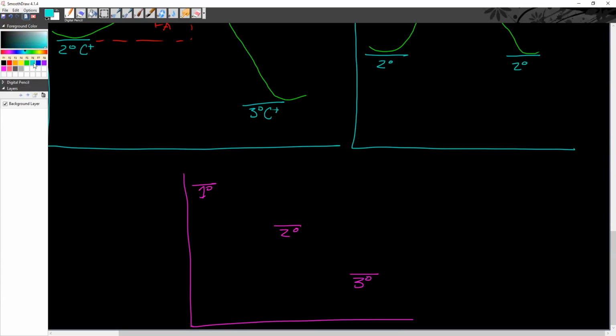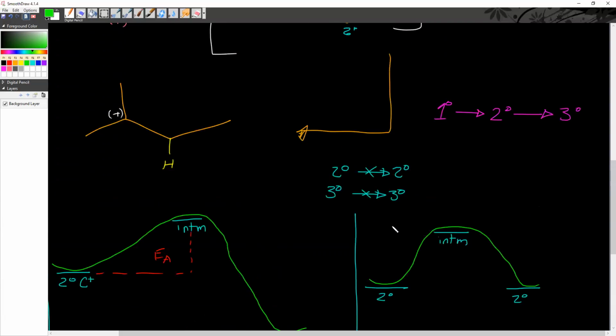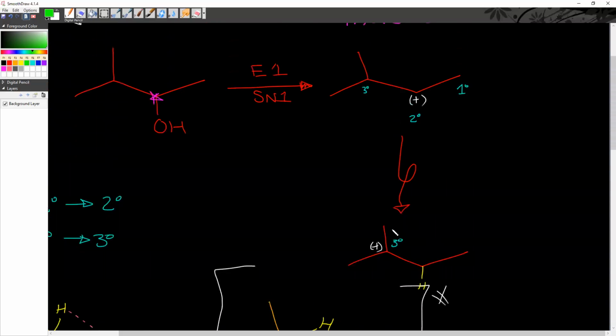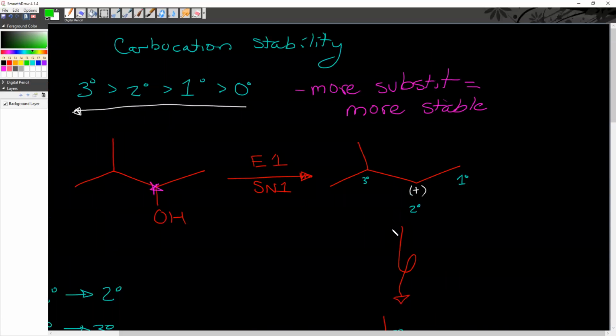Every time we go up in energy because of the intermediate, but we're dropping down. So it's a favorable change to go from primary to secondary to tertiary, even though we might be drifting across a couple of carbons. The big thing to know is that we change positions because of stability.